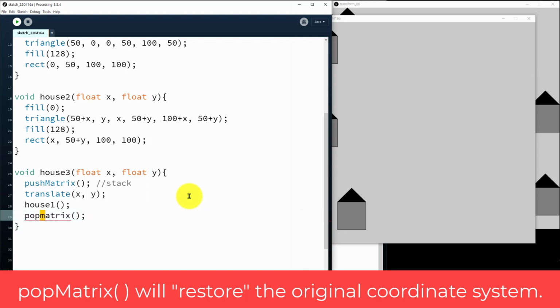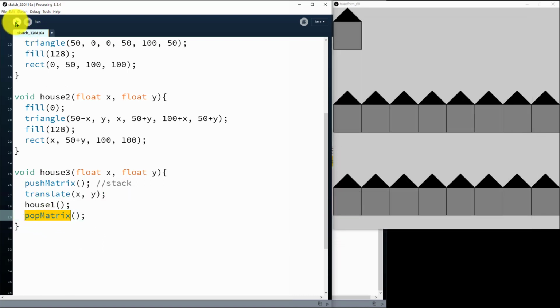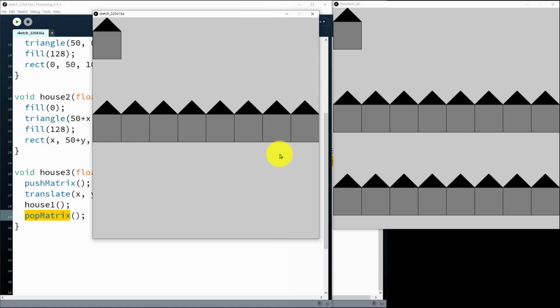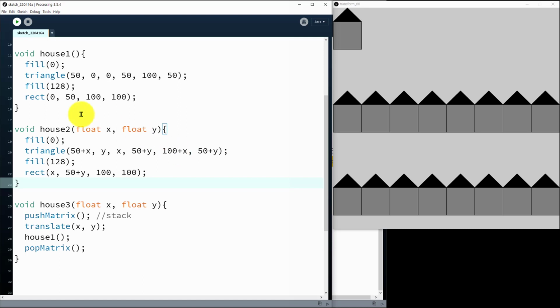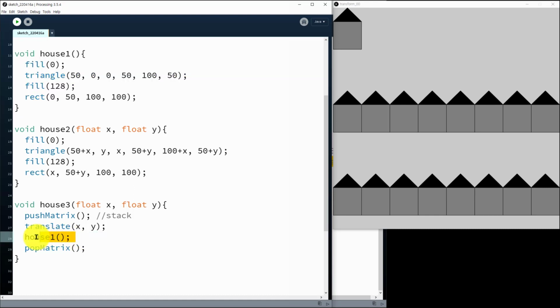The letter M should be capital. So before translating, you need to pushMatrix. After doing all the things, you need to call popMatrix. Let's call this one. See? Using this kind of transformation, you can use the original house1 function without modifying it. I didn't touch the house1 function, right?